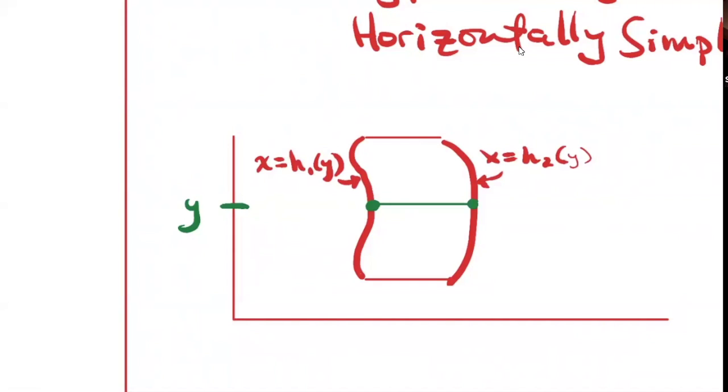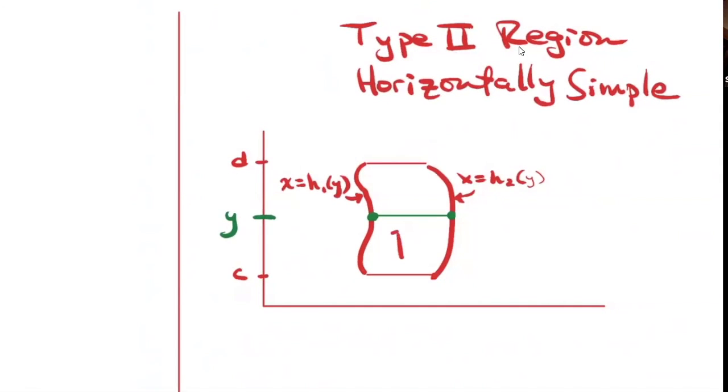And then we'll give limits on Y. So Y will go from C to D. Oops, sorry, I got those backwards. Lower limit will be C, upper limit will be D. Okay. And so this whole region is just R, if you like. I hate that. It's really bad.